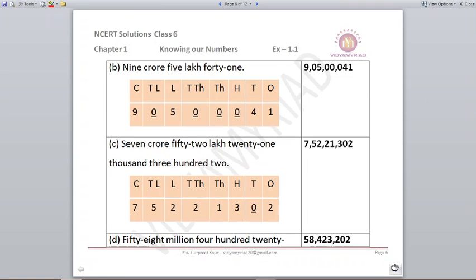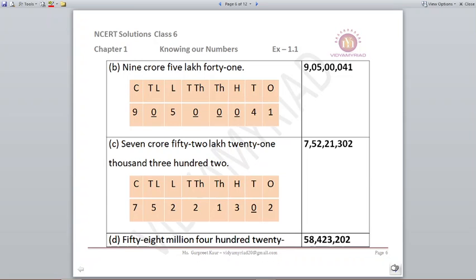Next, 9 crores 5 lakhs 41. So whenever you have a confusion, always make this place value table chart and put the numbers wherever they are telling. So they are saying 9 crores, put 9 under crores. 5 lakhs, put 5 under lakhs. 41, that means it will come in the last. 41 means it is tens and ones place.